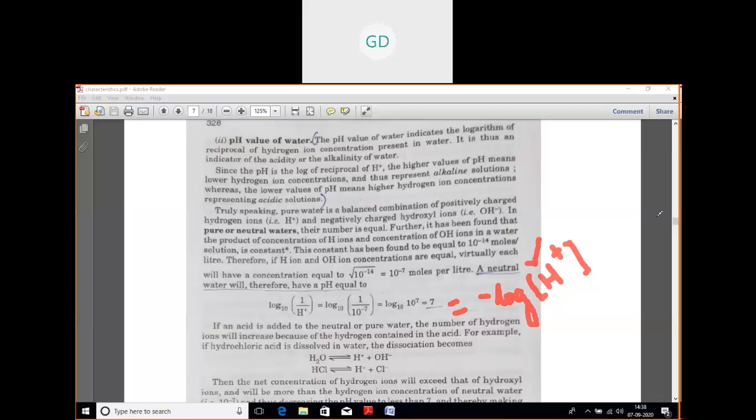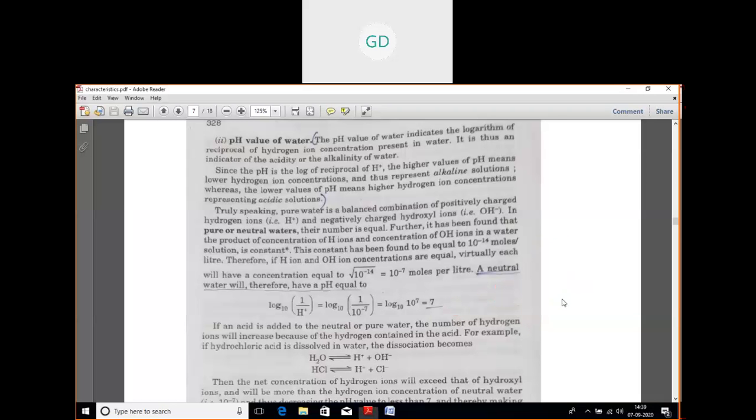So what does pH actually mean? It tells how acidic your water is, how basic it is, or whether it is neutral.